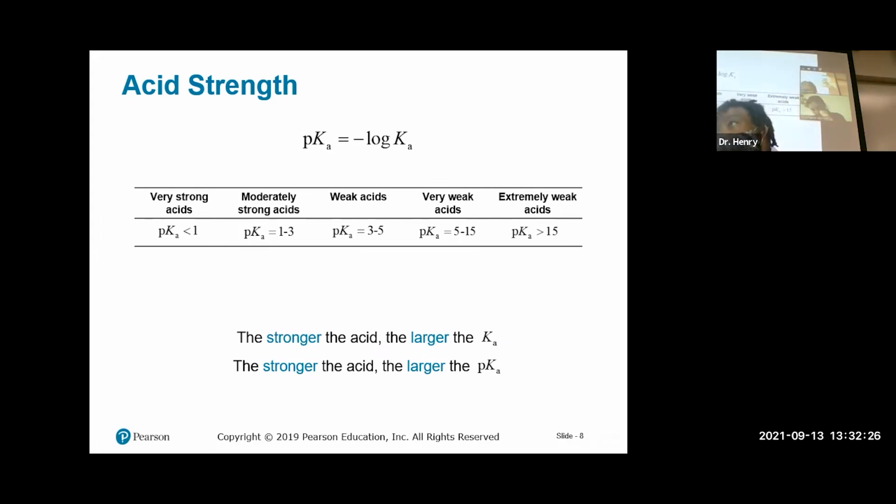Okay, so the larger the pKa, right? I'm sorry, the stronger the acid, the larger the pKa. The stronger the acid, that's wrong. The Ka, sorry, I typed another typo, my bad. It should be smaller.